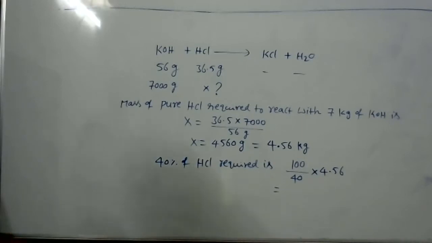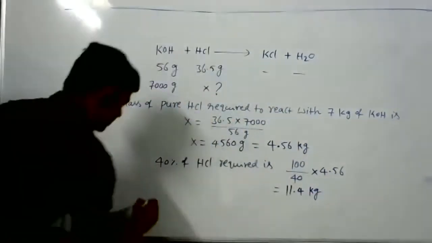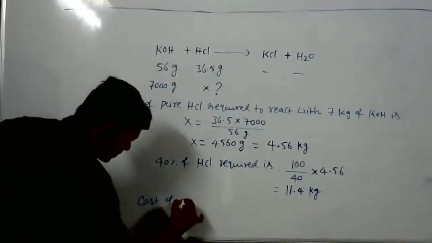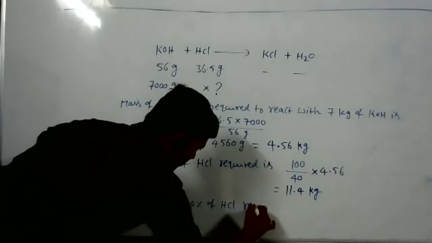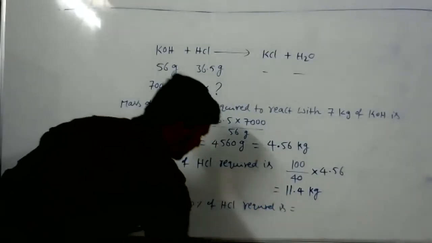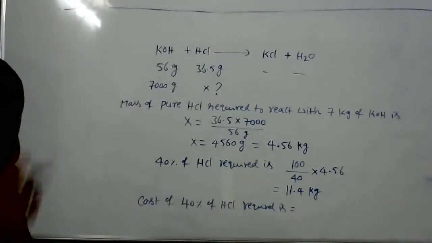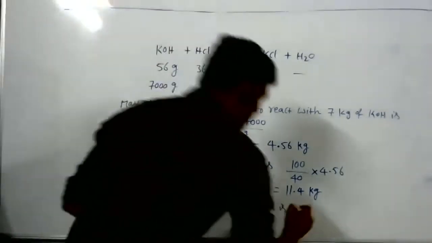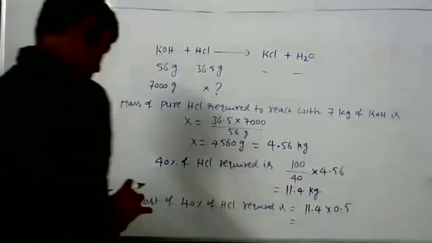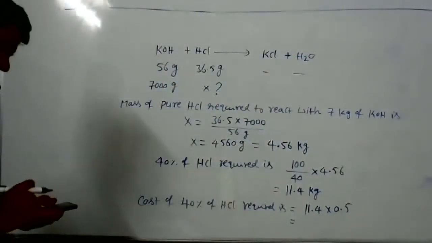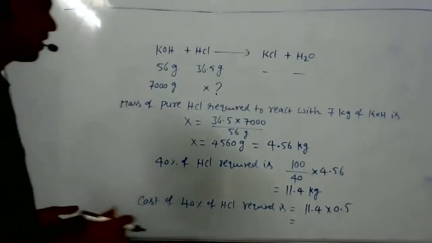So 11.4 kilograms. Next, the cost of 40% HCl required is 11.4 into 0.5 rupees. So it requires 5.7 rupees.